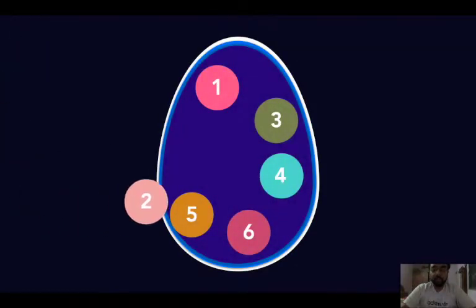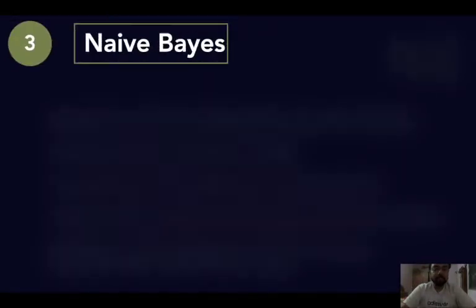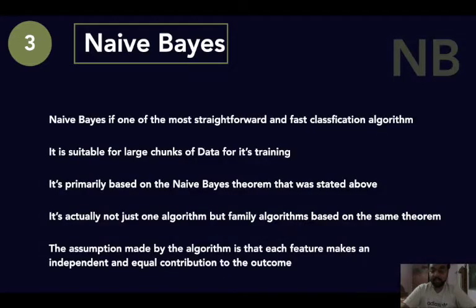So let us move to the third part of our slide. The third part of our slide is actually the naive Bayes theorem or the classifier. So naive Bayes is one of the most straightforward classifying algorithms that we already learned in the past few slides. It is actually suitable for large chunks of data for its training, and it is obviously based on Bayes theorem. But it's actually not just one theorem; it's a family of theorems.